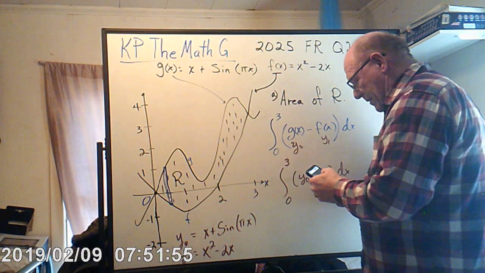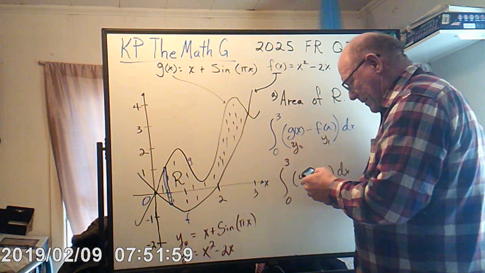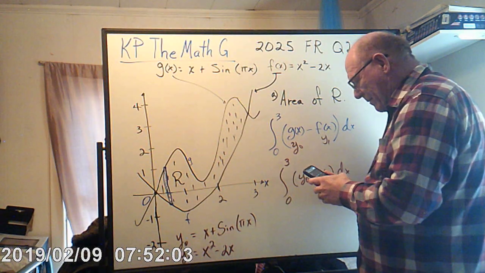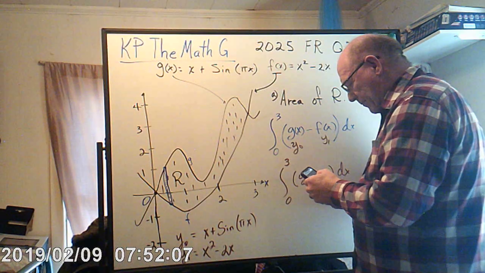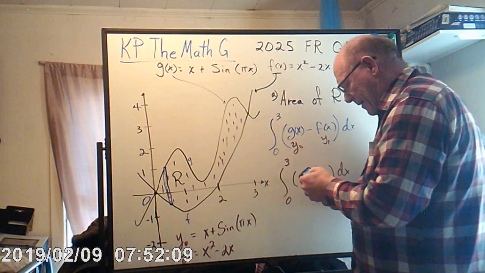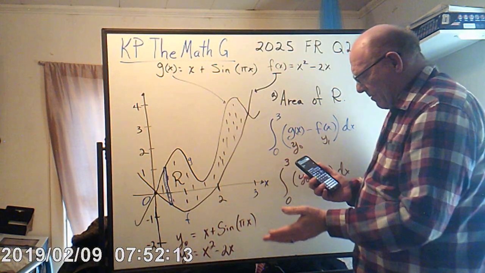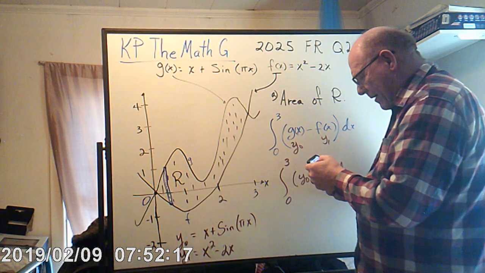First of all, I need a parenthesis, so let me get out of this. Y sub 0, I need a parenthesis right here. You start off with a parenthesis. Now I want to get past this y sub 0 right here.